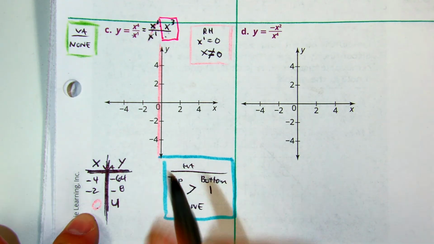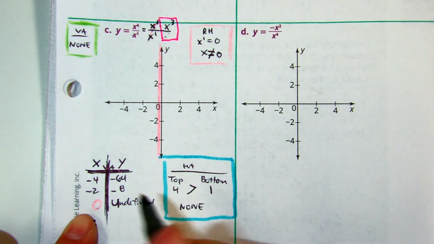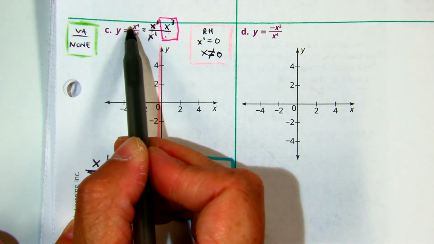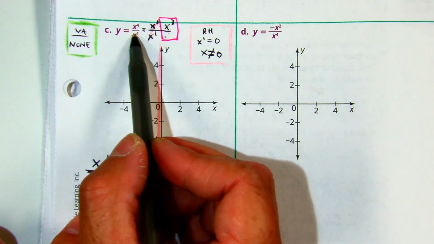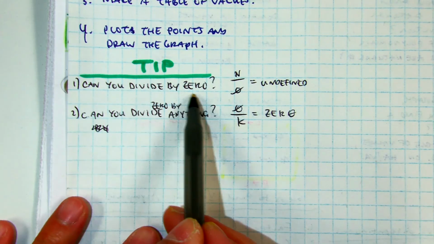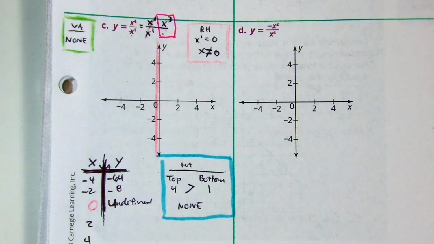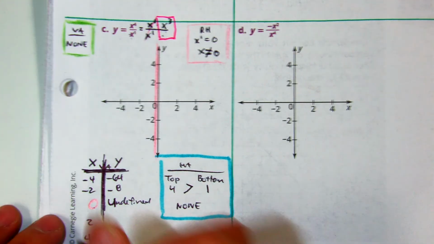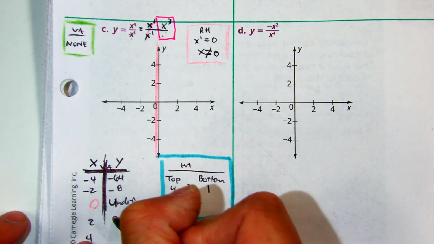The reason why it's undefined, because if you put in 0 here, something divided by 0 is undefined. Remember in our notes the other day? Can you divide by 0? The answer is no. And then these are basically the same thing, but not negative, right? So you can put in 8 and 64.